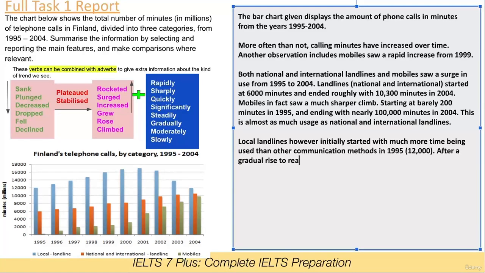Gradual rise to reach its peak in 2001. And we can say approximately 17,000. So we don't need to be exact, we can't see exact, so we can use these words, which are really great.